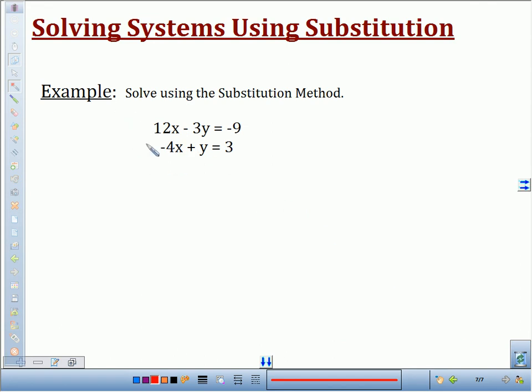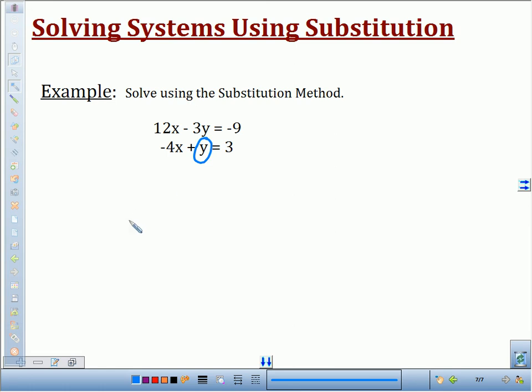Alright, we're going to look at this system of equations here. I have 12x minus 3y equals negative 9, and negative 4x plus y equals 3. First things first, I need to pick a variable that I want to solve for. None of these, 12x, negative 4x, negative 3y, look like they'll be easy.